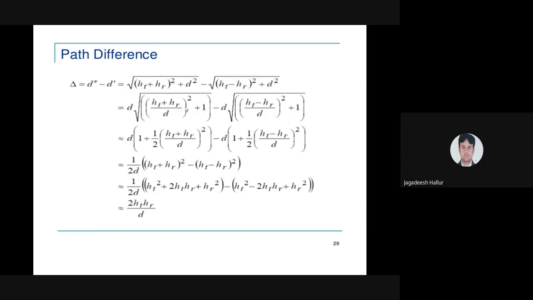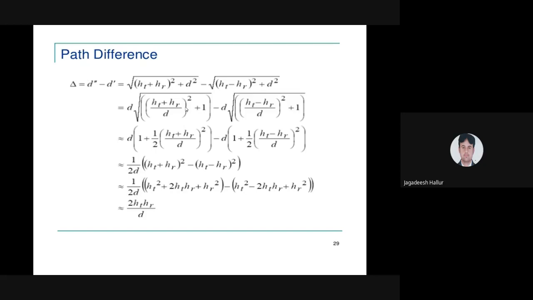He has rearranged the equation by taking d outside. So that equation is d times the square root of ((ht plus hr) divided by d) whole square plus 1, minus, similarly, the square root of ((ht minus hr) divided by d) square plus 1. And he is going to use the power of half, that is 1 by 2, which has to be calculated.